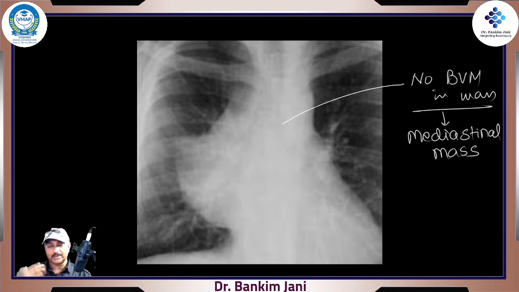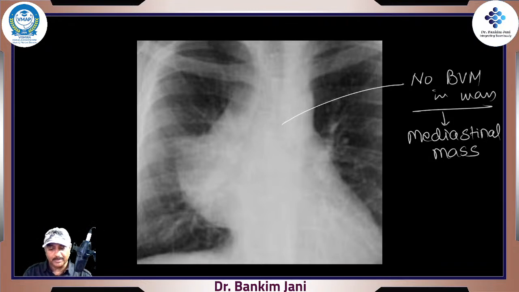Because we are watching a PA view. In PA view, whether this mass is situated posteriorly, in the middle or anteriorly, three possibilities are there. So can it be a schwannoma, straight away a posterior mediastinal mass? No. Most of the cases when you see this appearance, it is anterior mediastinum, because those other things are a bit rare.